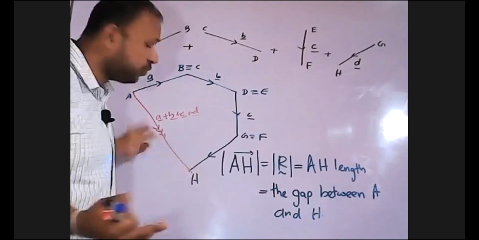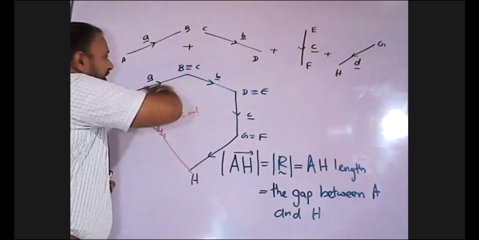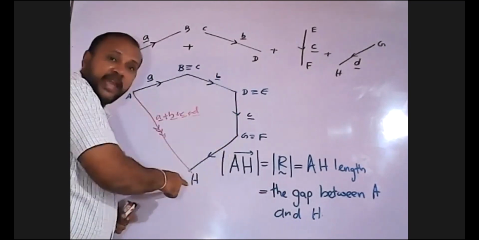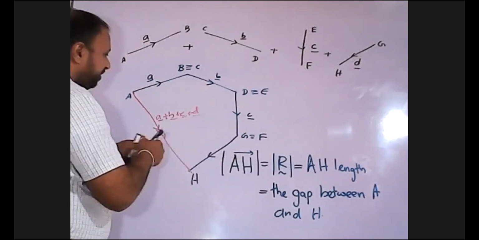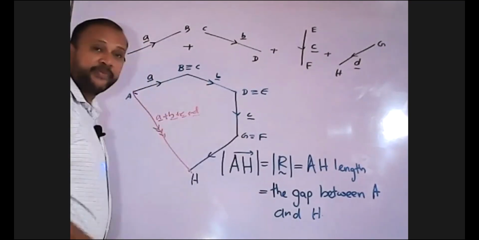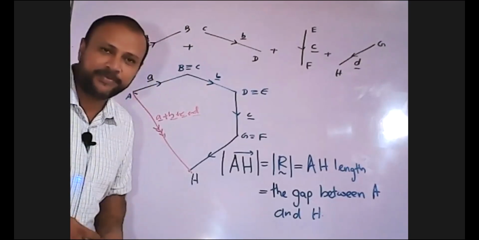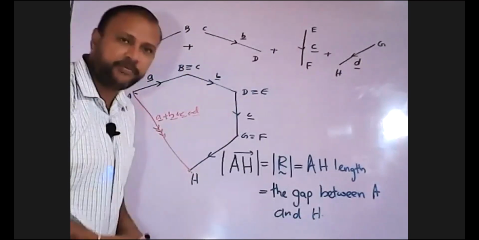There should not be a gap. That means if I coincide all these vectors, then there won't be any gap. That means A and H will coincide with each other. Then we will have a complete polygon.